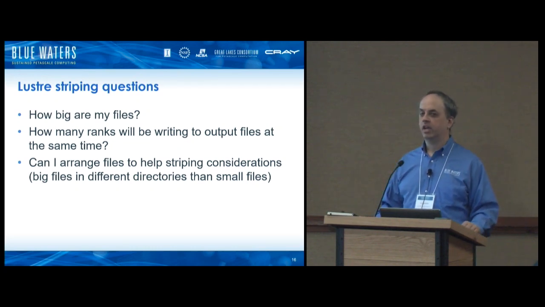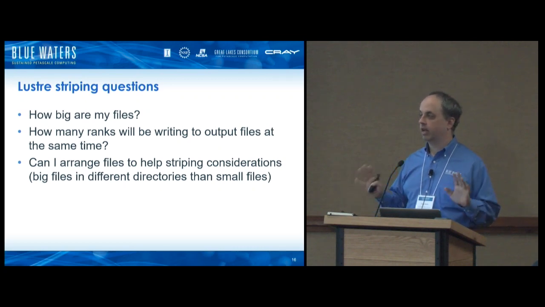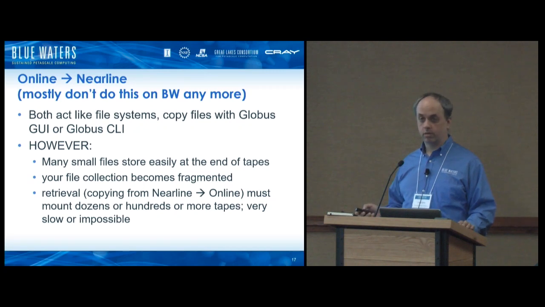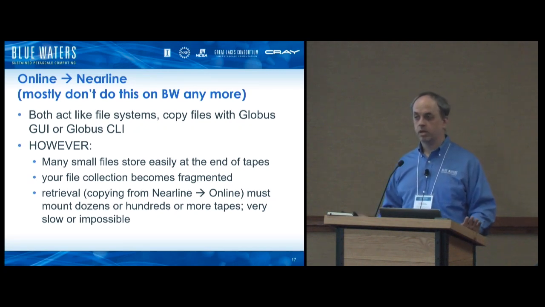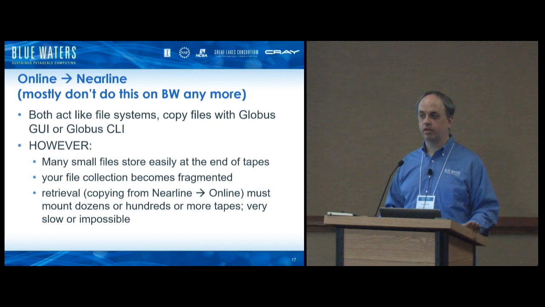If I have a ton of small files and a couple of really big files, if you create 2 different directories for them, you can just set the stripe counts for those directories, and then all the files will follow suit, and everything will be happier. Okay, so striping is a really big, important topic, has been on Blue Waters, will continue to be on Blue Waters, and is on Frontera. Anyone want to ask questions or talk about file striping on Lustre?